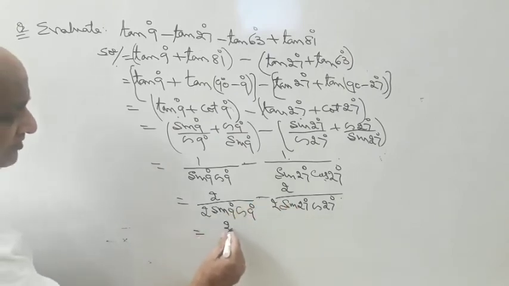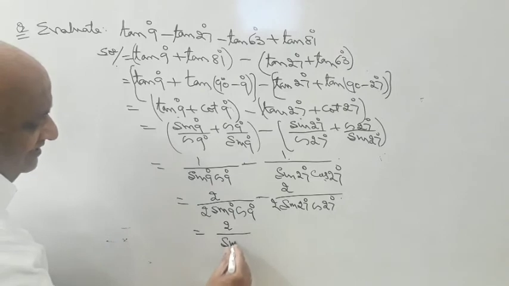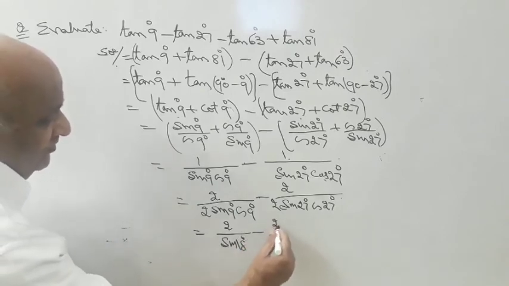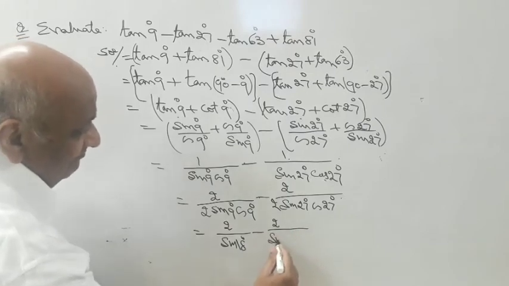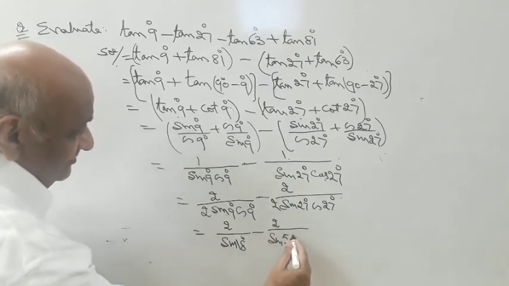It is 2 upon, it becomes sine 18 degrees minus 2 upon sine 54 degrees.